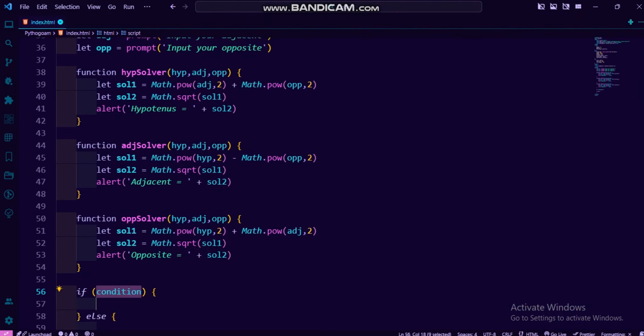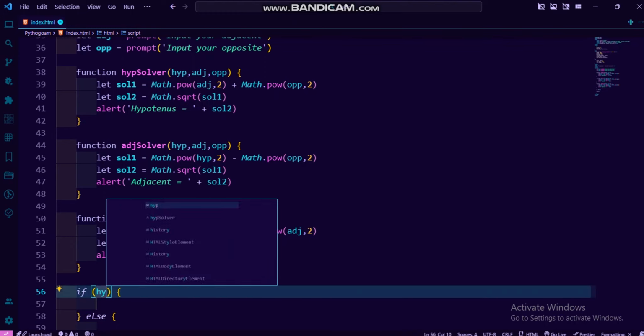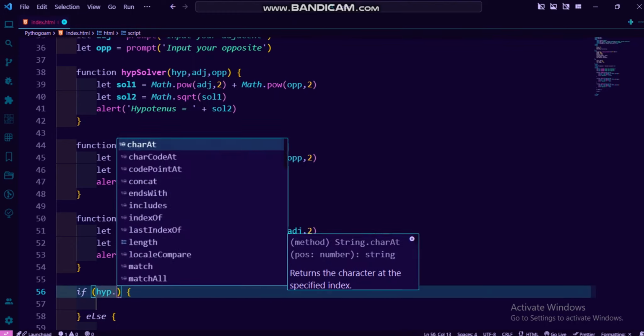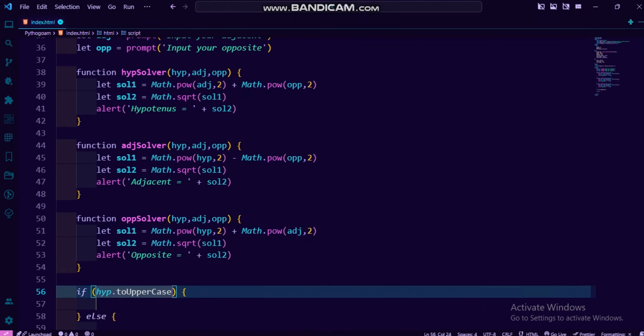I'm going to go to an if statement, and the condition is going to be hypotenuse dot toUpperCase equals to NaN. No matter how they write it, it is going to be uppercase NaN.